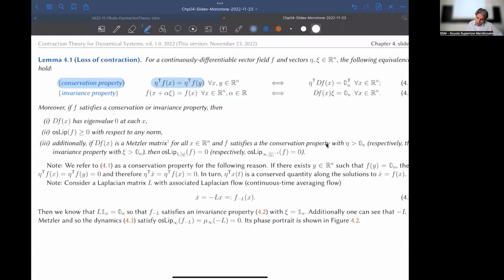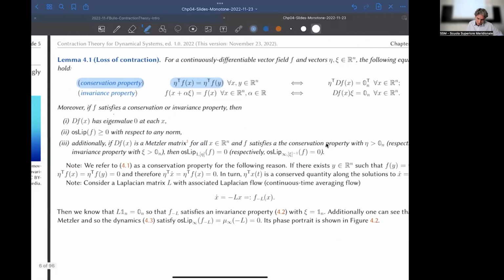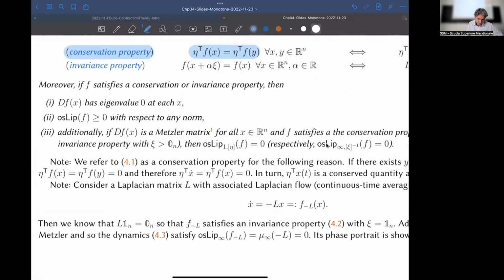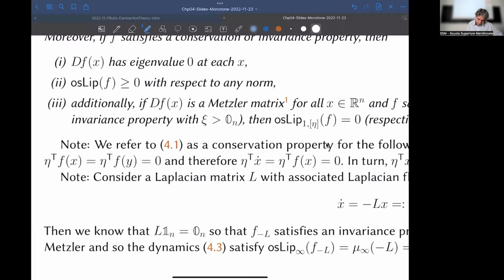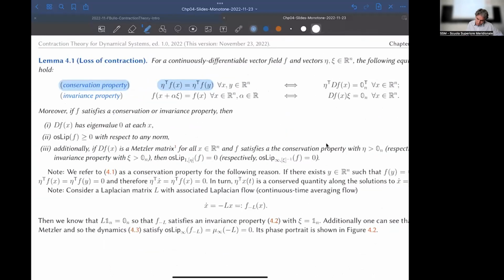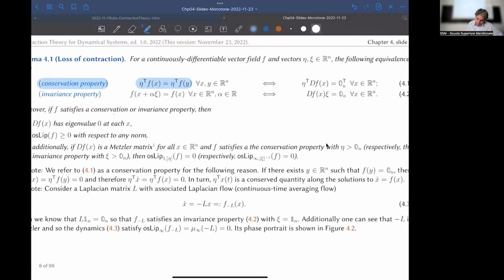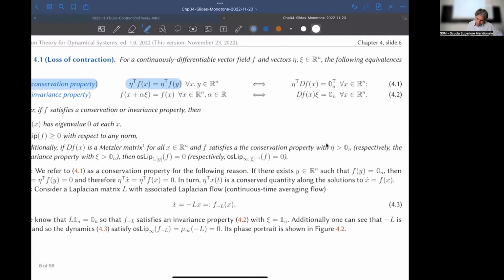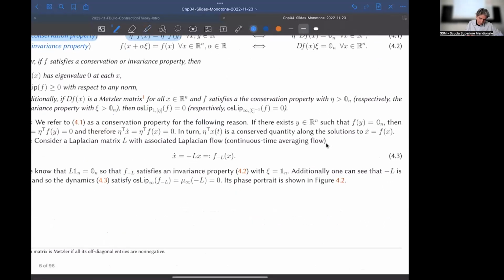And I work out here the example. So specifically, suppose that I have x dot equal to f of x, and I ask myself the question: what is the total quantity of mass if I think of x as a commodity in the entire network?